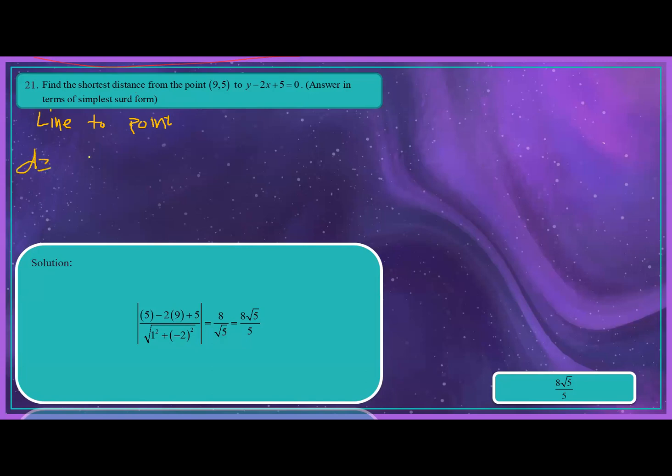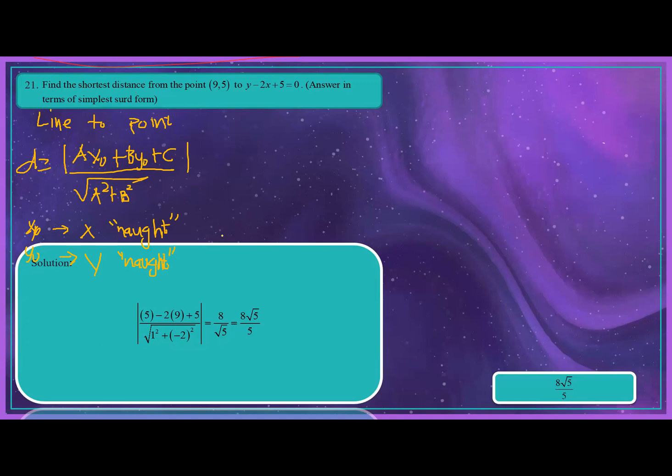The formula here is absolute value of a x sub 0 plus b y sub 0 plus c over square root of a squared plus b squared. Fun fact, x0, y0 is also called x naught, y naught, in case you're asked, at least you know.